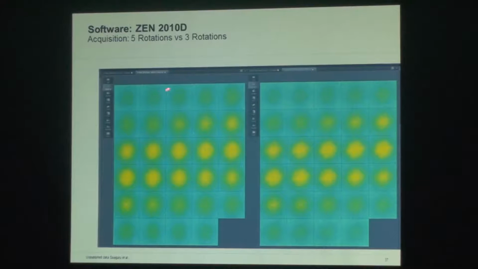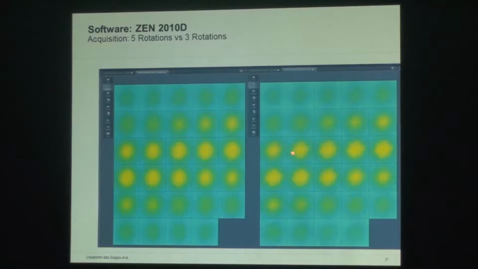So this is again the FFT image of the 5 rotations versus 3 rotations, now in frequency space, what you saw before as the actual samples. But these are individual planes of those cells transferred into Fourier space.